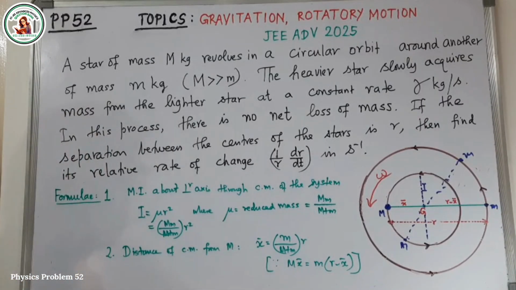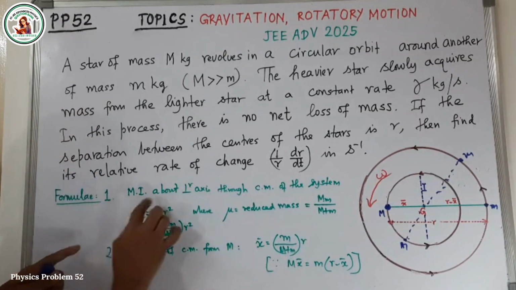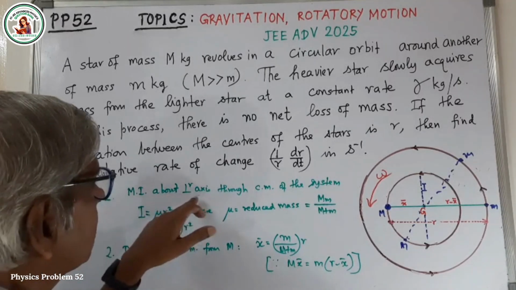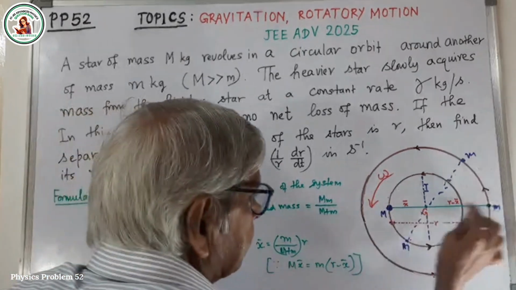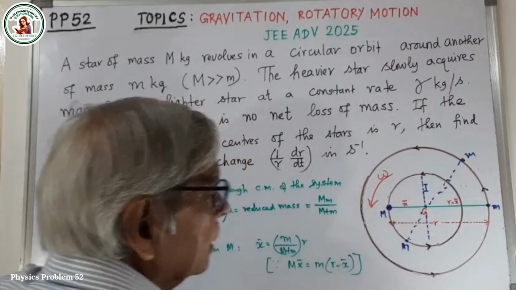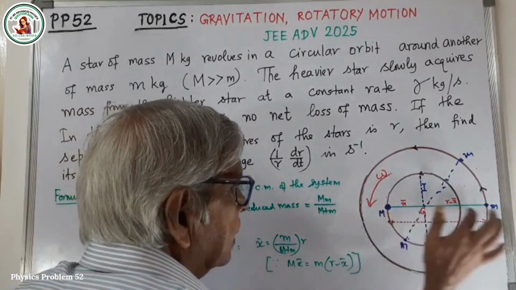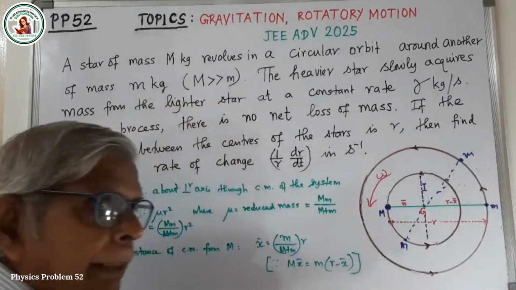Here two formulas we are going to use in the solution. One is the moment of inertia about the perpendicular axis through the center of mass for a two particle system. You can consider it as two stars, capital M and small m. About the center of mass, we have to take them as point masses.